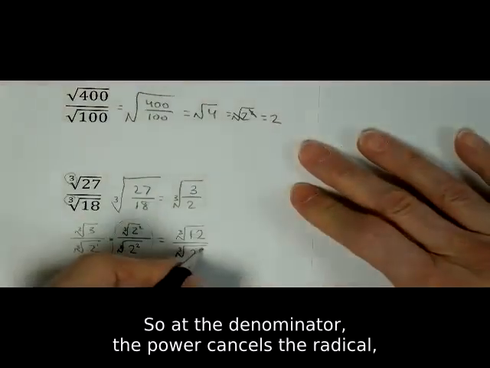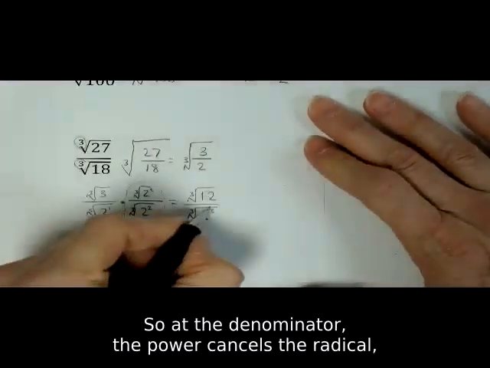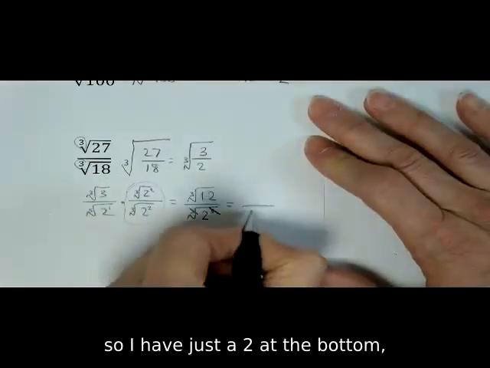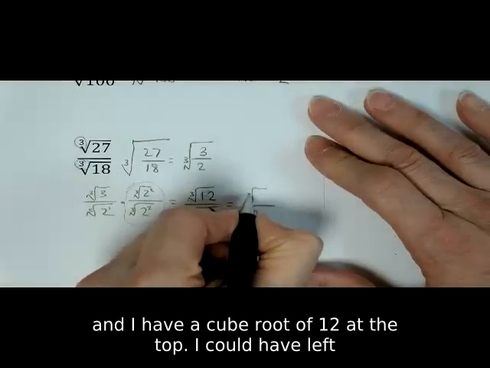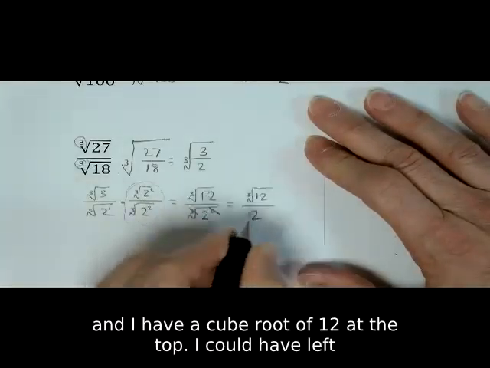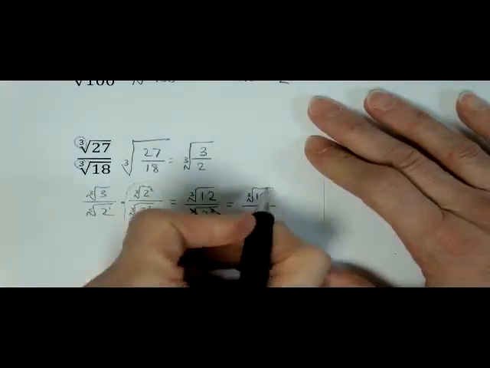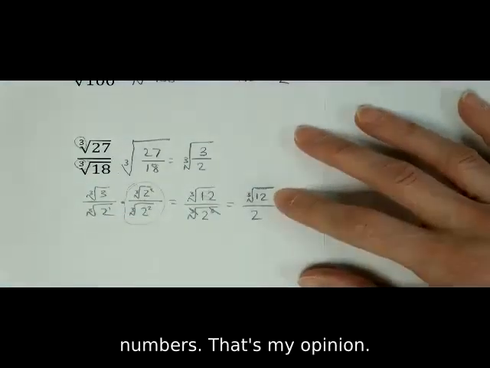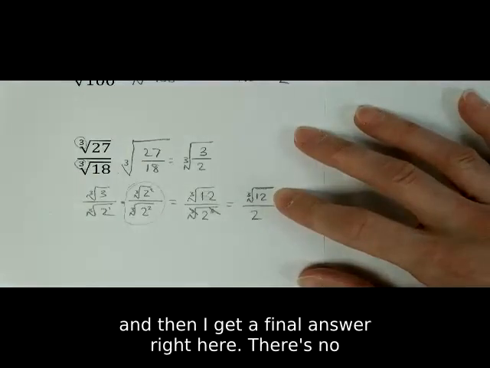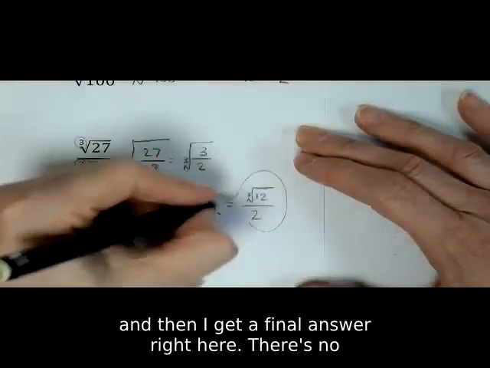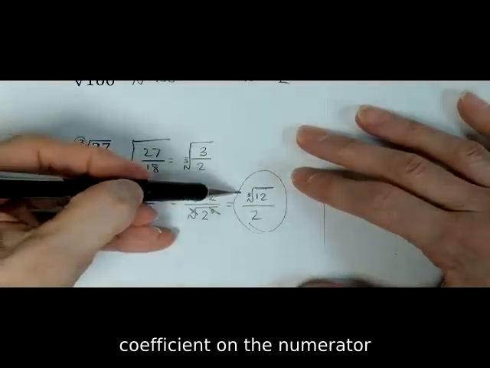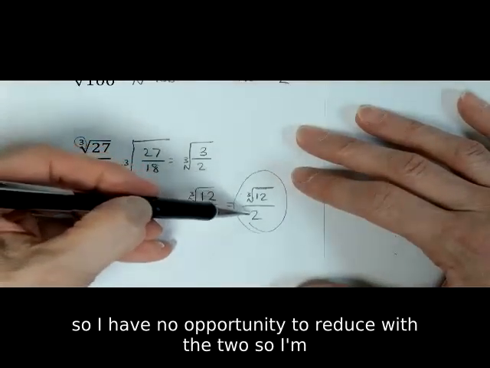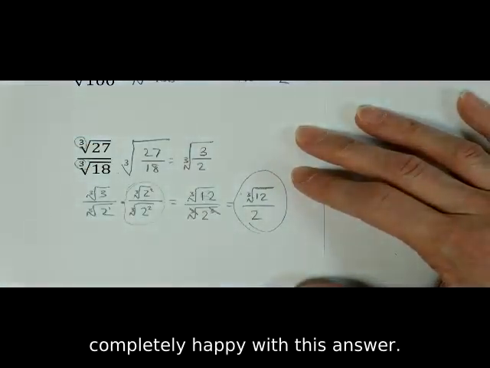So at the denominator, the power cancels the radical, so I have just a 2 at the bottom, and I have a cube root of 12 at the top. I could have left it as 3 times 2 squared, but I decided not to because there were manageable numbers. That's my opinion. And then I get a final answer right here. There's no coefficient on the numerator, so I have no opportunity to reduce with the 2, so I'm completely happy with this answer.